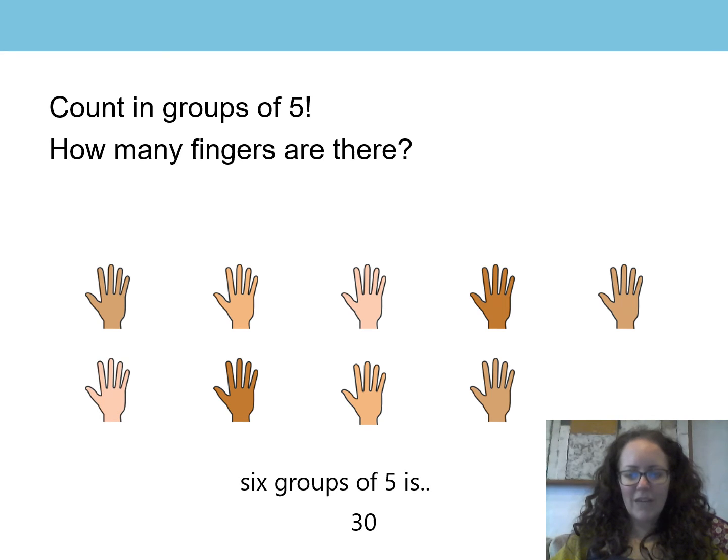Six groups of 5 is 30. Seven groups of 5 is 35. Eight groups of 5 is 40. Nine groups of 5 is 45. What would 10 groups of 5 be? 50. Well done.